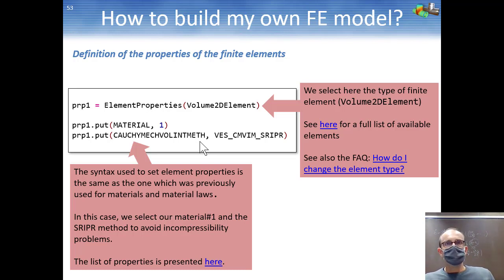One of the problems is called locking, which means that the stiffness of the element is too large. There are several ways to deal with this problem, and one way is to make more elaborate integrations or under-integration of some parts of the stress tensor. You will see this in theory.